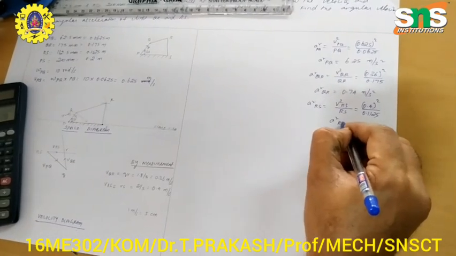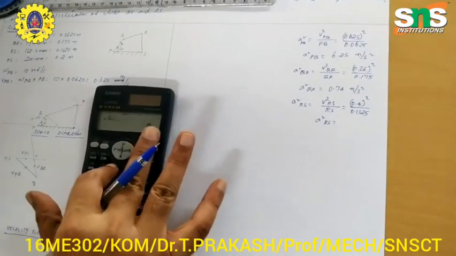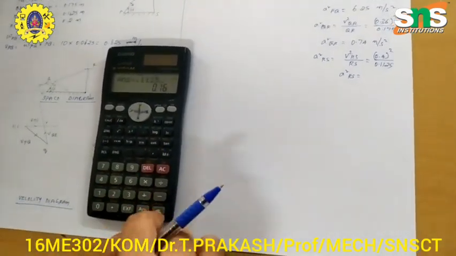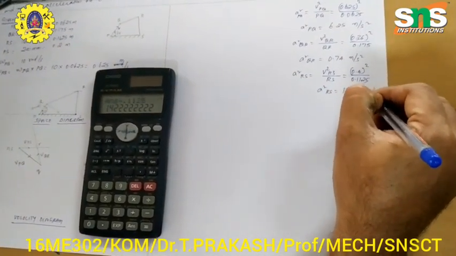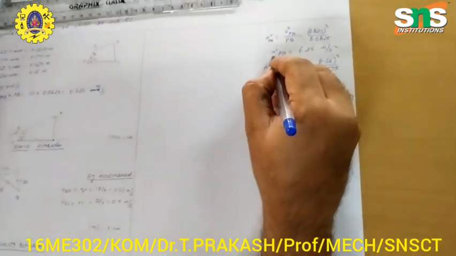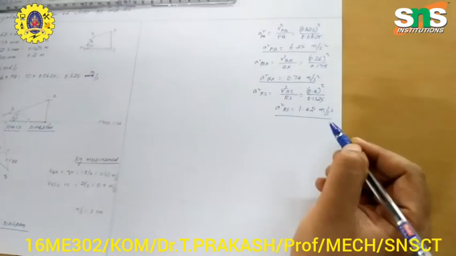Therefore, the radial component of RS is 0.4 square divided by 0.1125. It is 1.42 meter per second square. These are the radial component values for all the linkages.